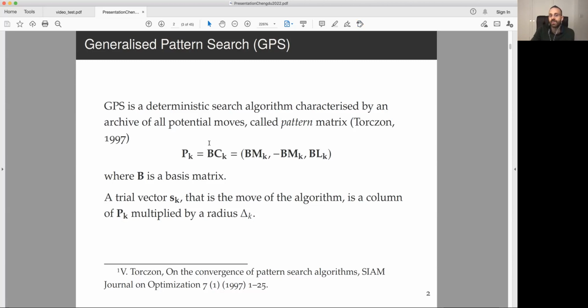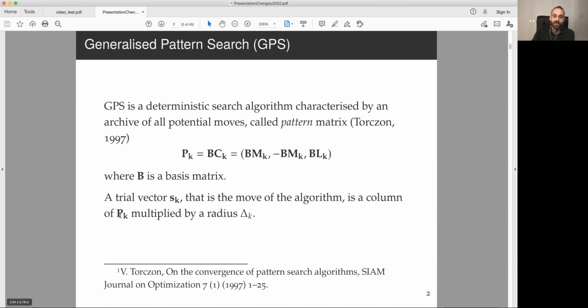Let us focus our attention on the matrix B. What is the matrix B? The matrix B is a square non-singular matrix, the basis matrix. In a nutshell, it's a matrix whose columns identify some directions within an n-dimensional space. So if we want to optimize a function in n dimensions, we are identifying n directions along which we are going to move.